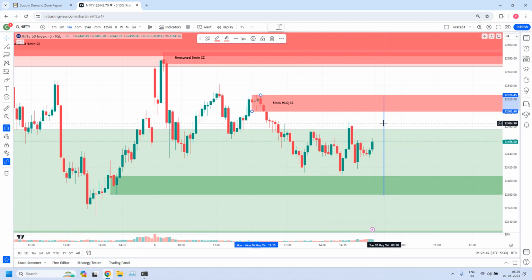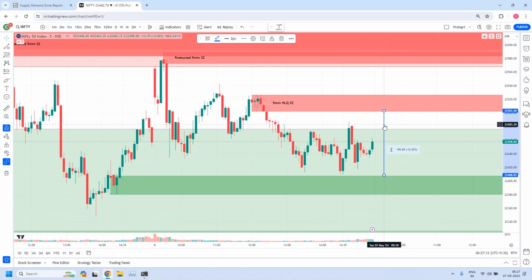So the point you have to understand, you have around 140 points possibility. Let us assume you are taking from here to here. You will have a 90 points trade opportunity. This is the proximal line to proximal line, P2P range.